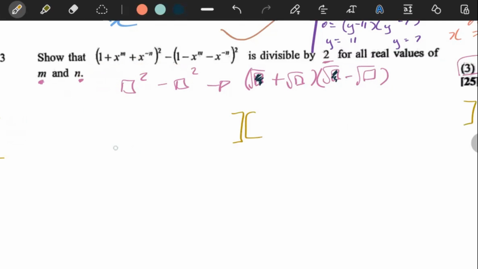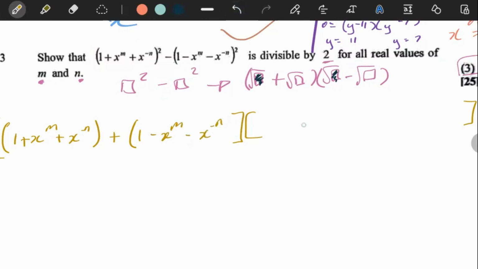So our first big bracket, we need to have the square root of this whole thing here. So that's going to be 1 plus x to the power of m, x to the power of negative n. And let's put a plus in here. And then the square root of this bracket here, which is 1 minus x to the power of m minus x to the power of negative n.